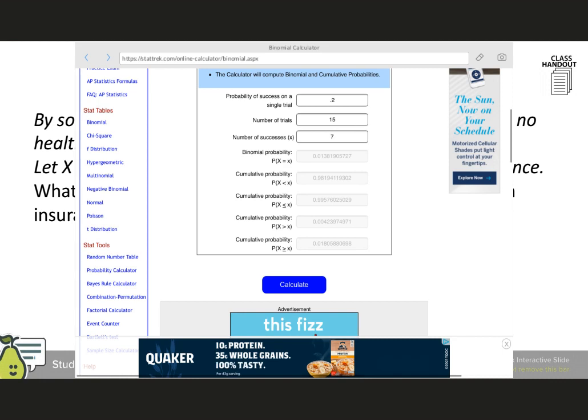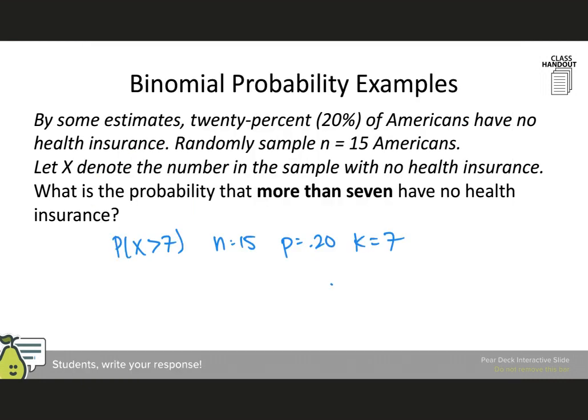And more than is the greater than, so it's going to be 0.0042. So the probability that more than 7 have no health insurance is 0.0042.